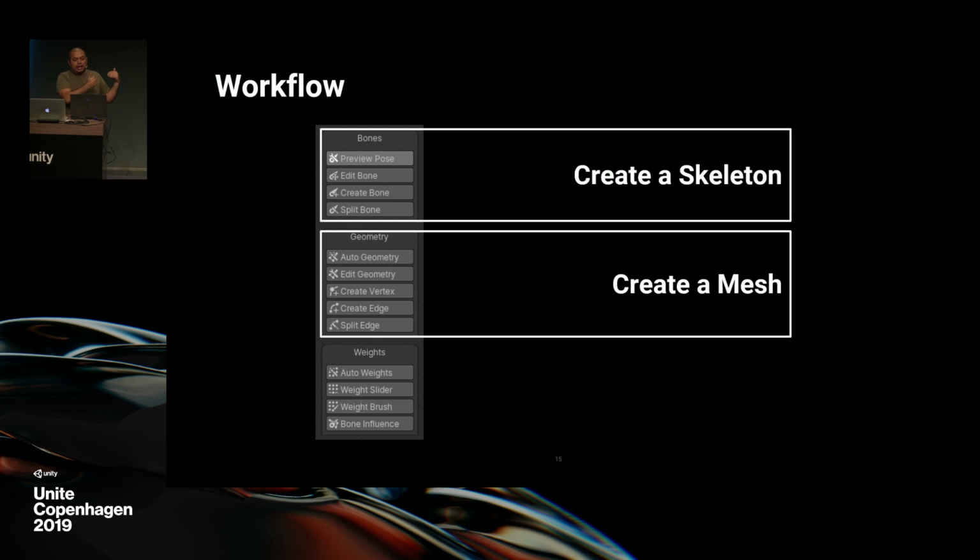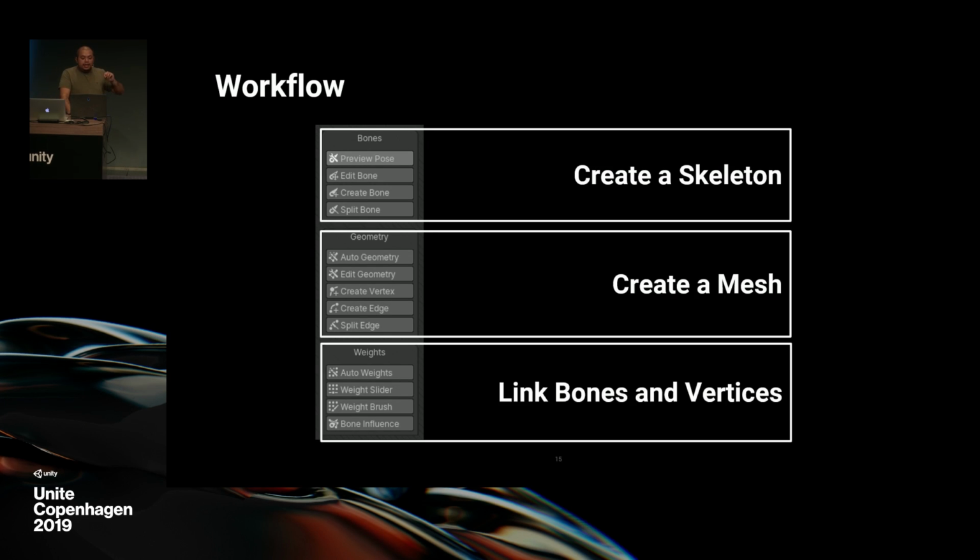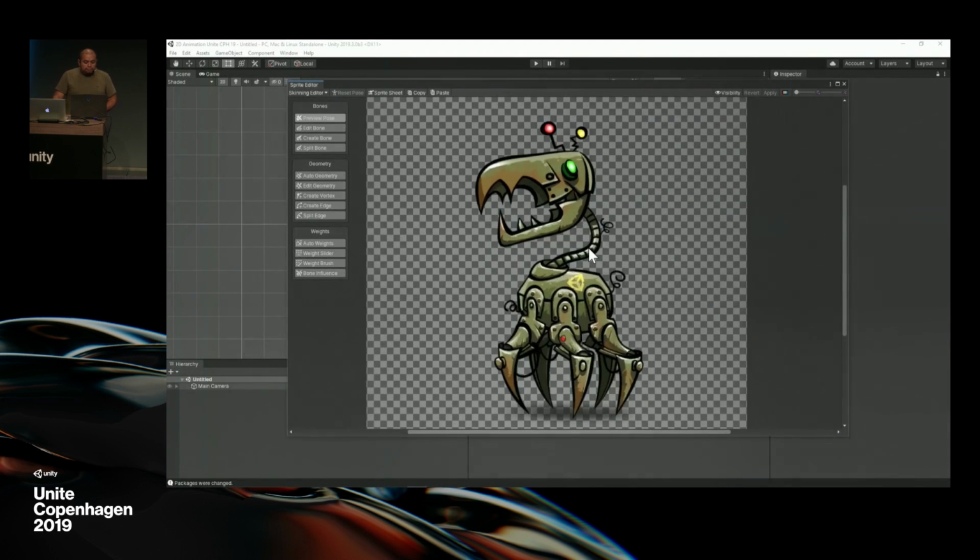If we decrease the count of vertices that we have, we will not be able to achieve certain types of animations, or the quality will also change. So just keep this in mind. And the third step is linking the bones that we created in the skeleton with the vertices we created in the mesh.